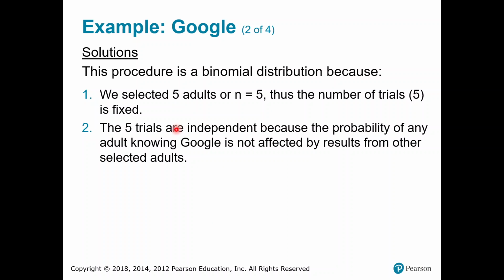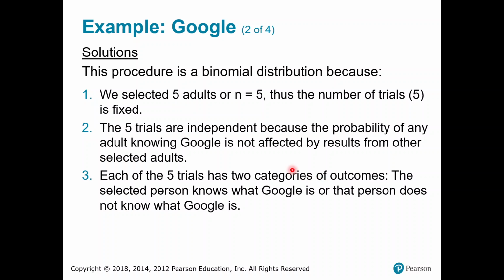Second, the trials are independent because the probability of any adult knowing what Google is is not affected by the results of any other adults.